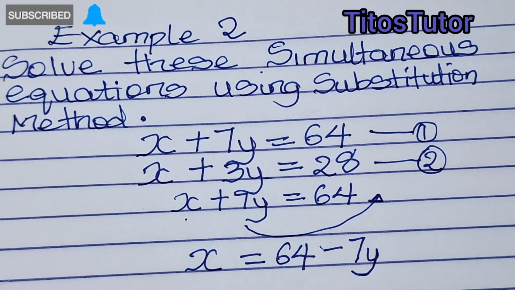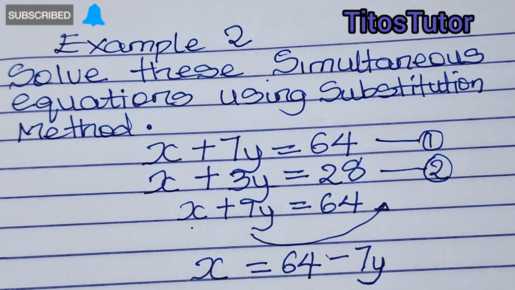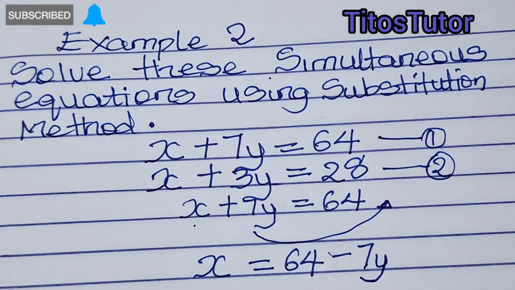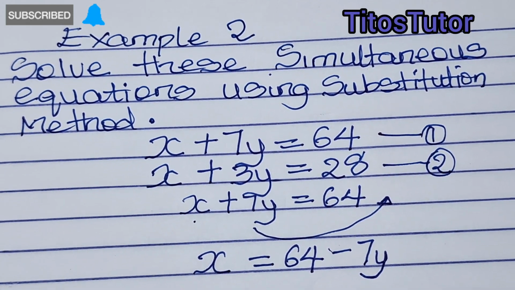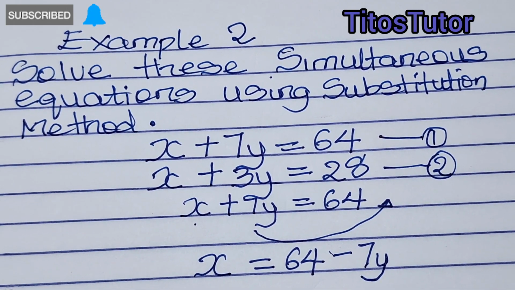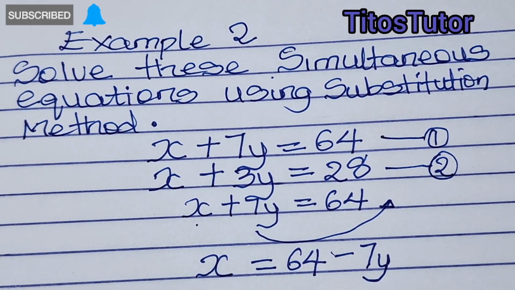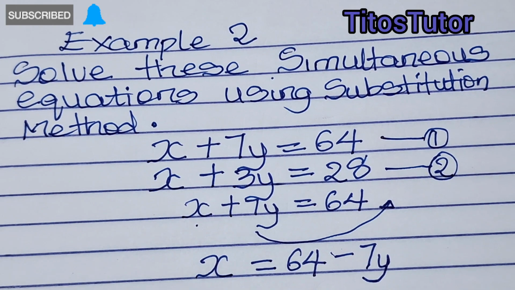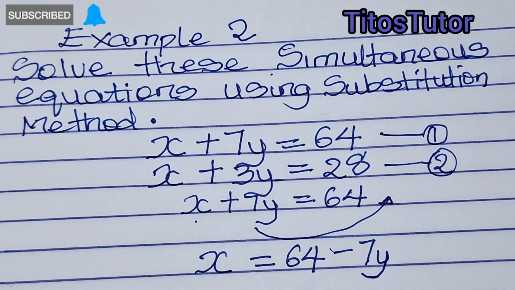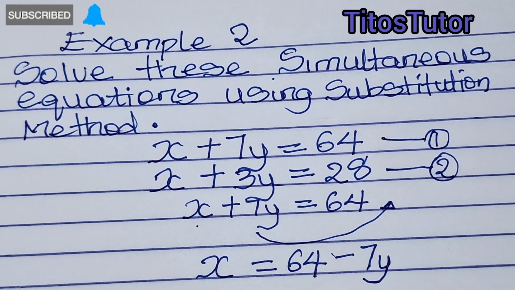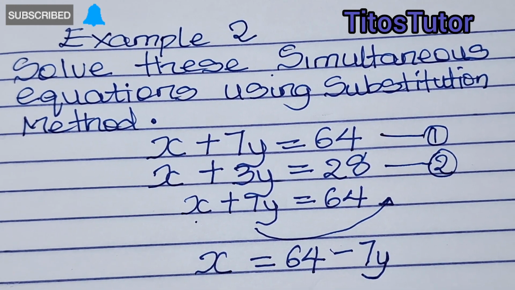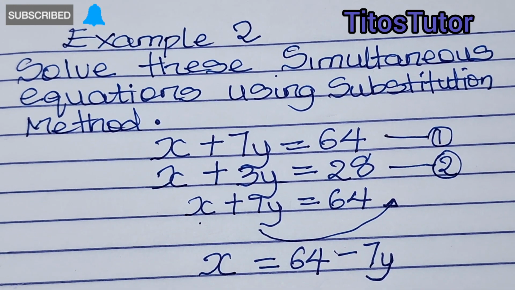Then I am going to make x stand on its own from equation 1. Okay, so my equation 1 is x plus 7y equals to 64. 7y is going to move to the other side of the equation and become negative 7y because it is crossing an equal sign.